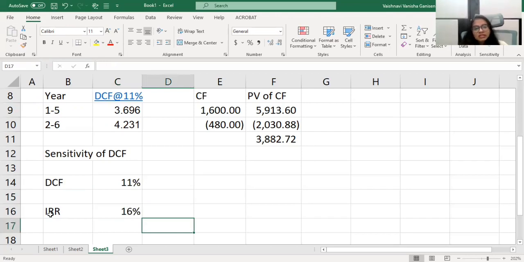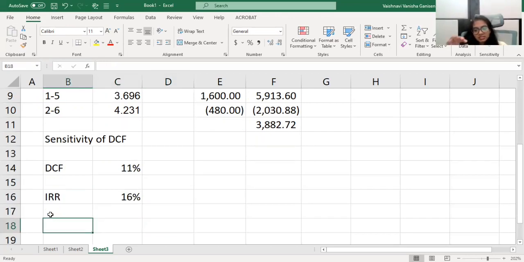Okay. Now to calculate sensitivity of discount factor is the percentage of change where your NPV will become zero, correct? So here, when you calculate IRR, this is the percentage where NPV is equals to zero, correct? So the logic is I want to see the discount factor has to change to the IRR before NPV equals to zero.